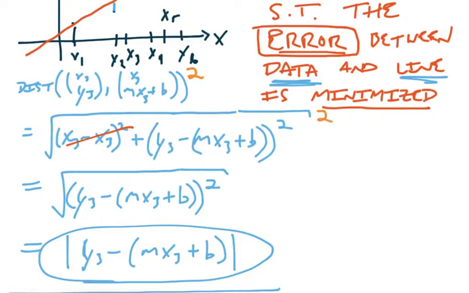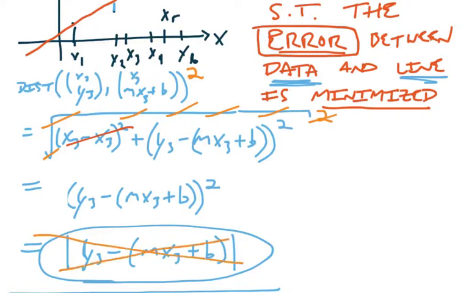If I throw a square on that right there, well, that's going to cancel out the square root. And if I cancel out the square root, what I'm going to be left with is a quantity squared.